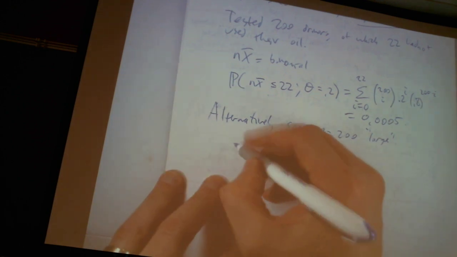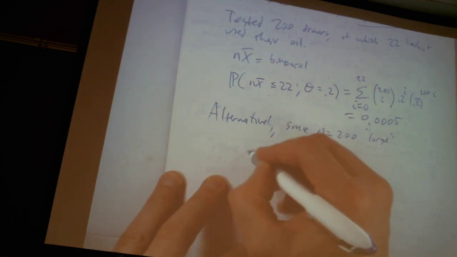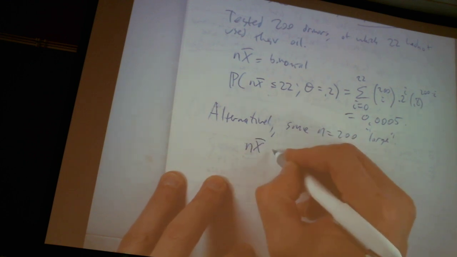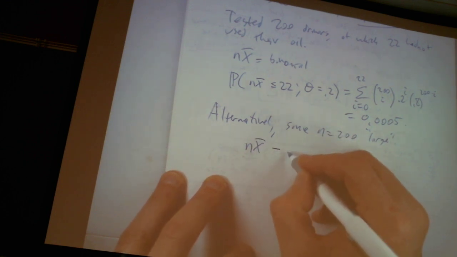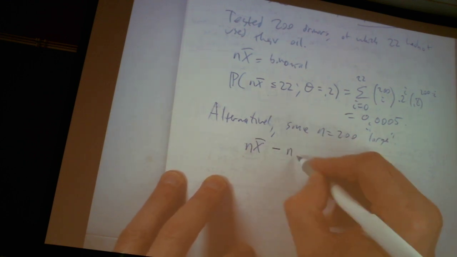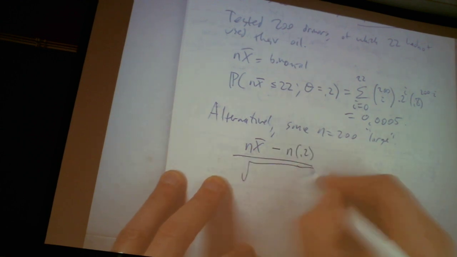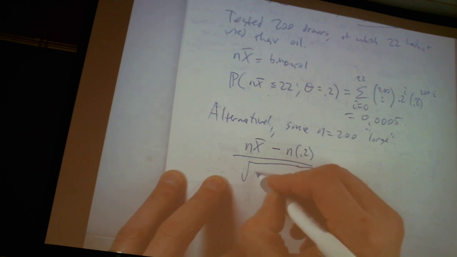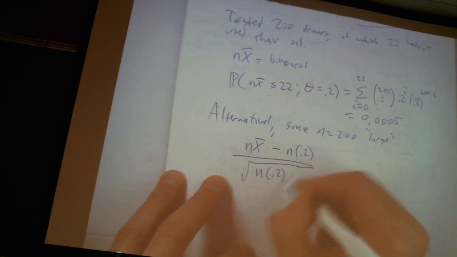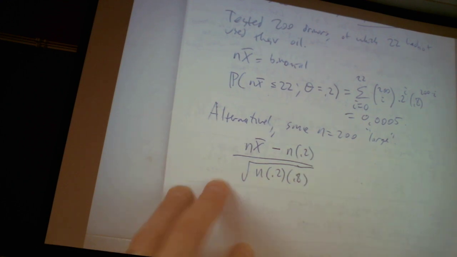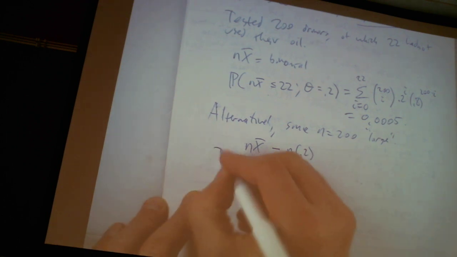We can approximate the binomial by, so Nx bar has mean n theta, and theta is 0.2, and variance n theta times 1 minus theta. So this thing is a standard normal. This is a z.